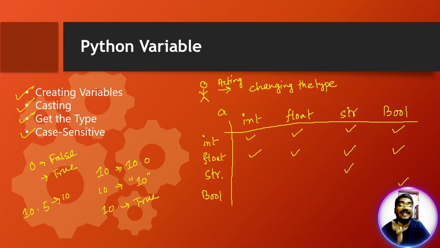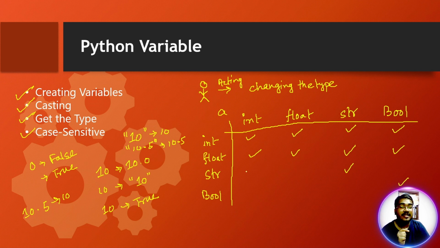So can I change any string into an integer? There is a restriction: if the string is something like a number, then we can change it into an integer, or if it is a float, then we can change it into a float. But if there is any letter, English or any other letter, we cannot change it into either integer or float.